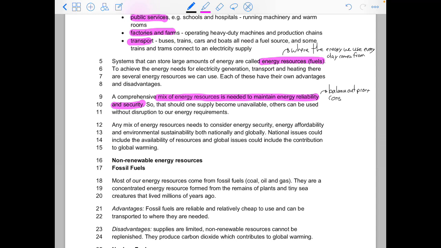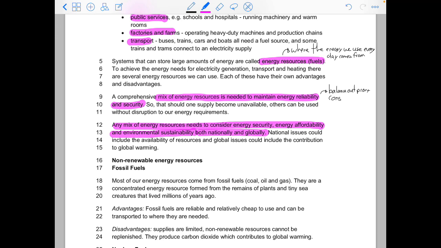So any mix of energy resources needs to consider security, energy affordability, and environmental sustainability, both nationally, within the UK, and globally around the world.